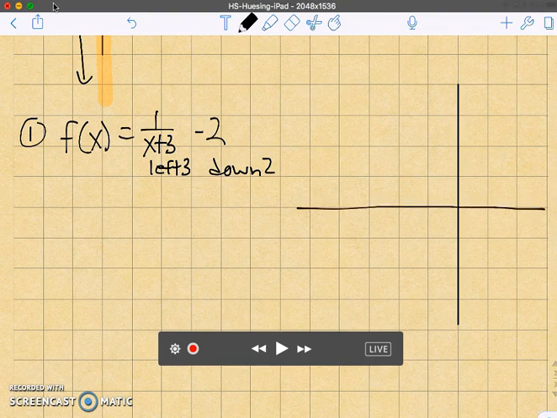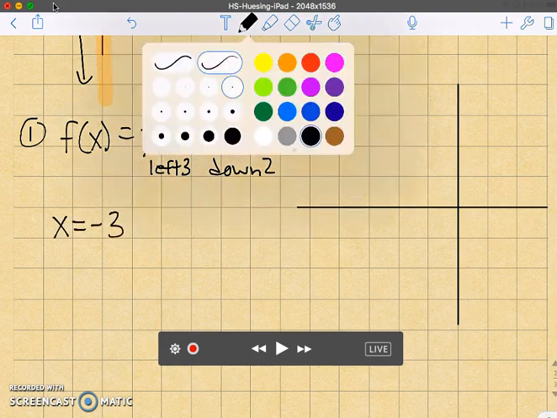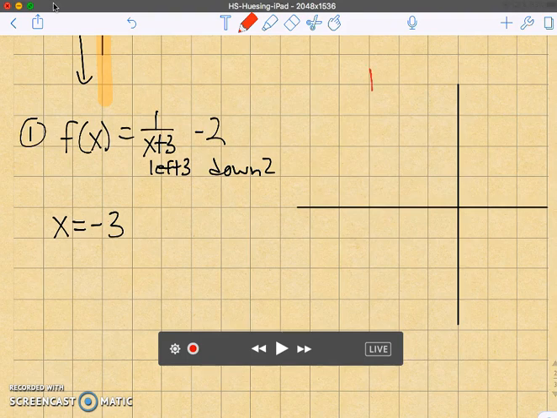I'm going to start by drawing in the new asymptotes. So instead of at x equals 0, it would be at x equals -3. I'm going to dash in the new asymptote here. And then instead of at y equals 0, it's y at -2 because the -2 moves it down.